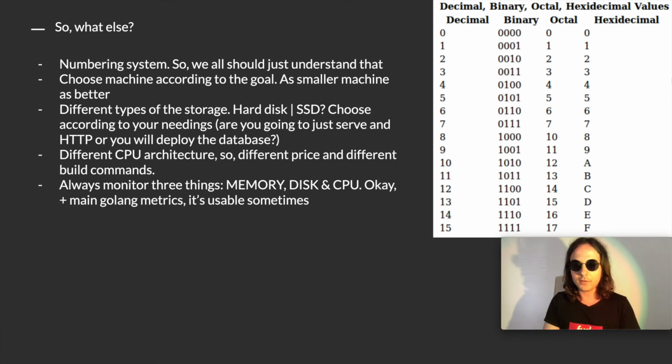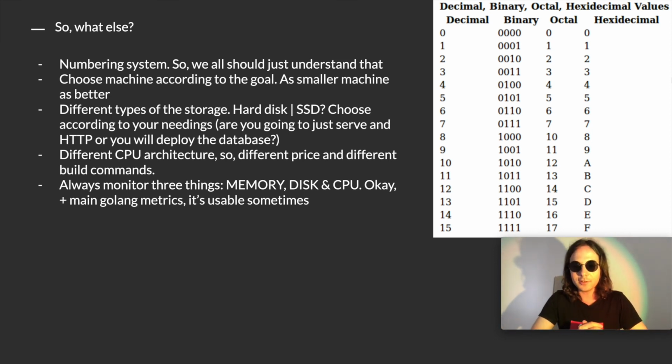Or for example, if you need to create some cold storage for your files, for example for photos, you do not need a very cool CPU or a blazing fast disk, okay? So you can save your money and your company's money by actually just using a hard disk to save your files.